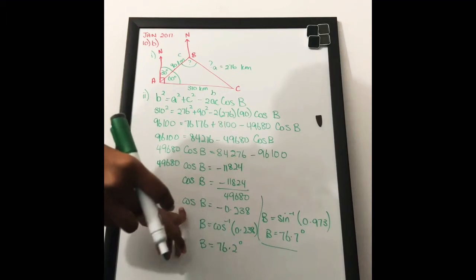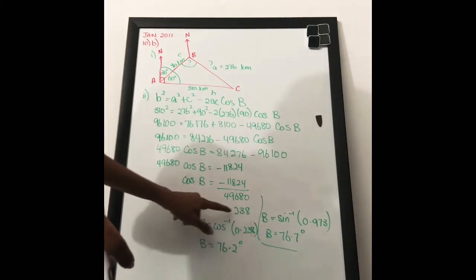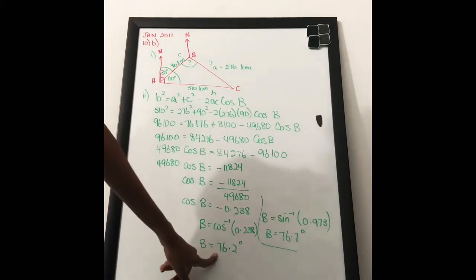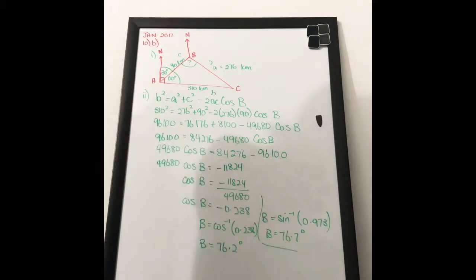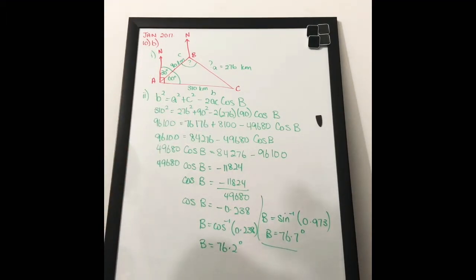That is a more advanced thing with reference angles. But anytime you have cos and they give you a negative, just ignore the negative sign and find the inverse of the positive number. So we get 76.2 with the cos rule, and 76.7 with the sine rule. It's just off by 0.5, so whichever rule you use, you would still get your full marks.